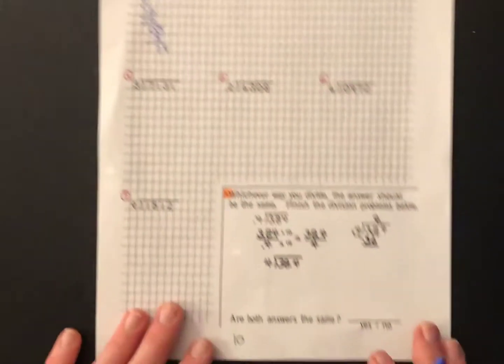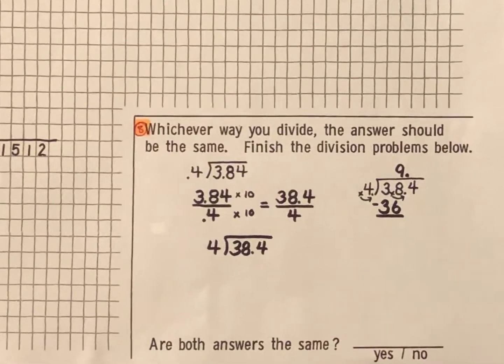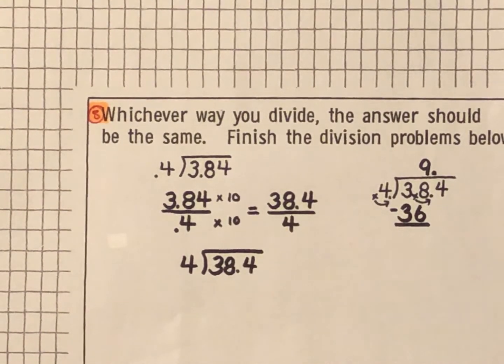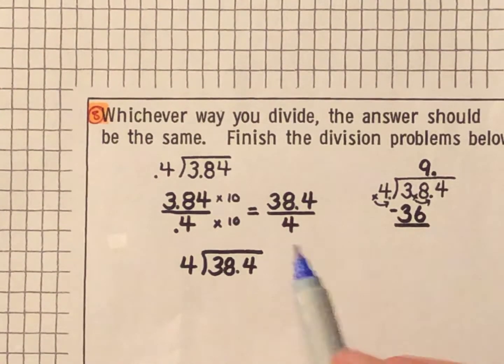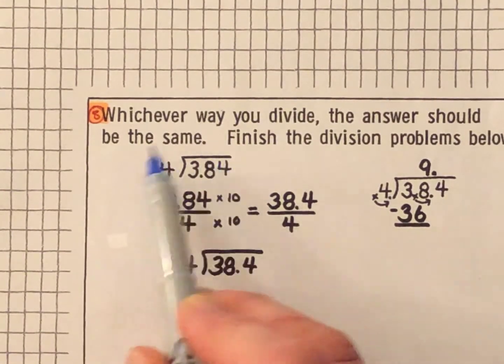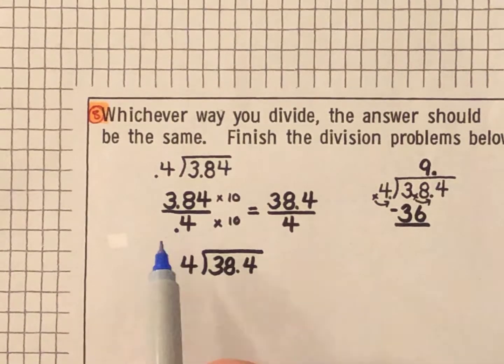Now down here, this shows you a side-by-side comparison of 2 ways to think about moving the decimal. I prefer sort of a combination of both of these ways. I don't do either one just like this. You've got the method where you take your division and you turn it into fractions, to fraction form.